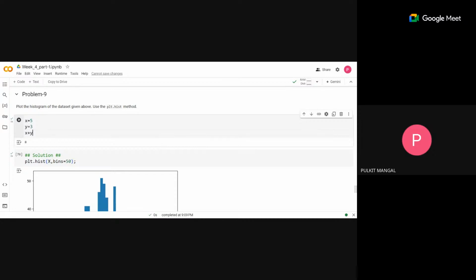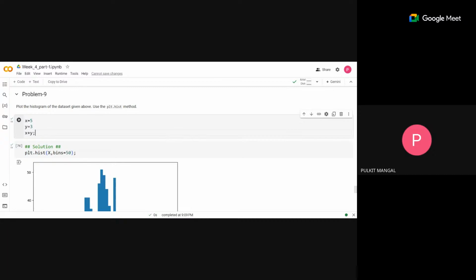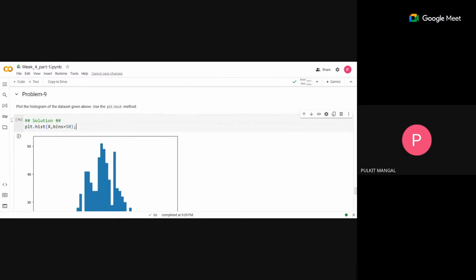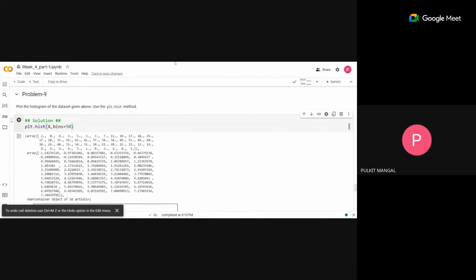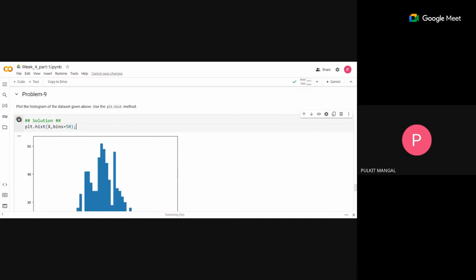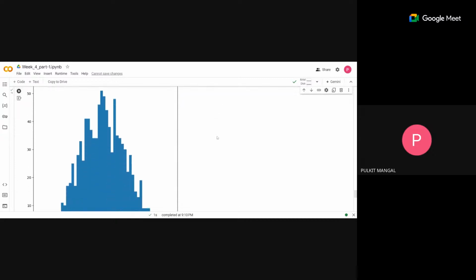But if you don't want that, you can put a semicolon at the end, and it will stop that. If I remove the semicolon from here and run the cell, you can see this thing will come, which is just general printing. It is basically printing the return value of plt.hist. To suppress that, we put a semicolon, so we only get the graph. Okay, sir. Thank you.